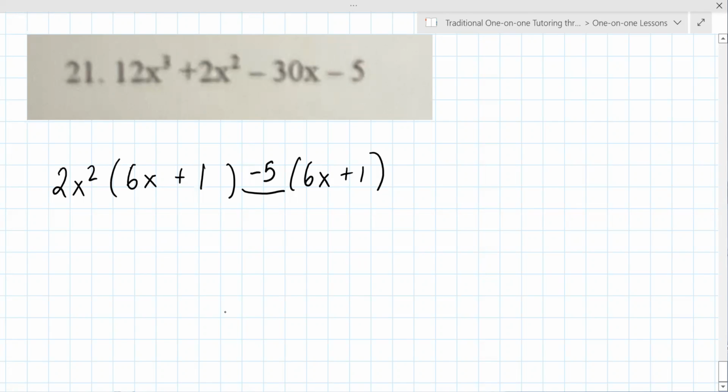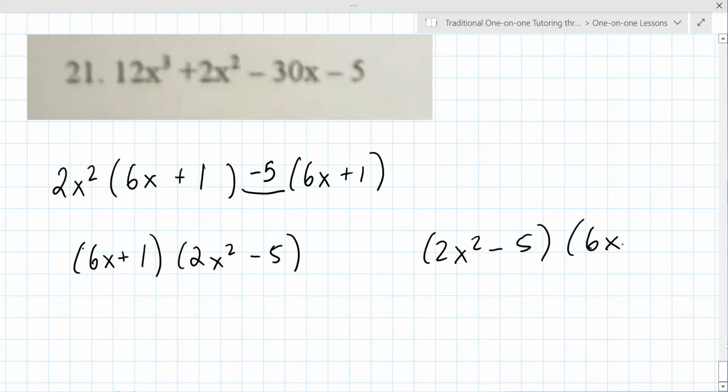So it'll be 6x plus 1 in parentheses, and then 2x squared minus 5 also in parentheses. Good. So the order doesn't matter. If you gave me this one, that is okay as well. They're both equivalent.